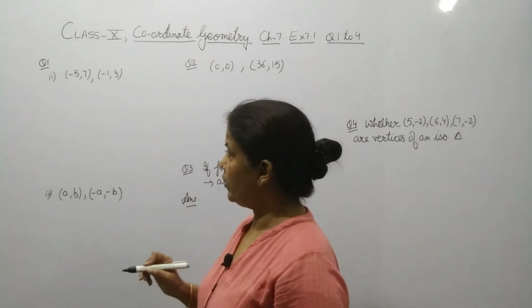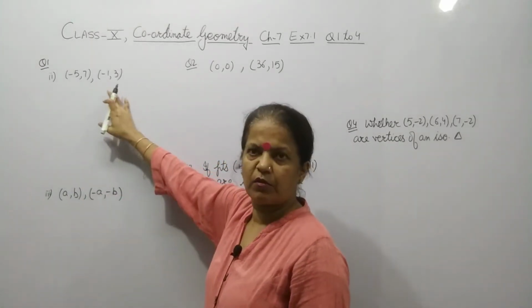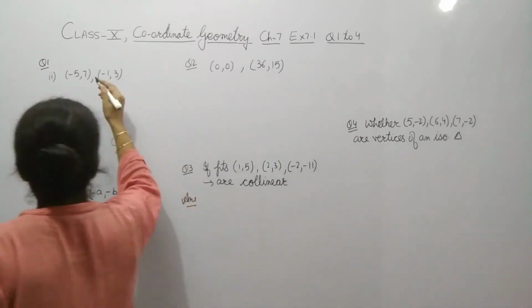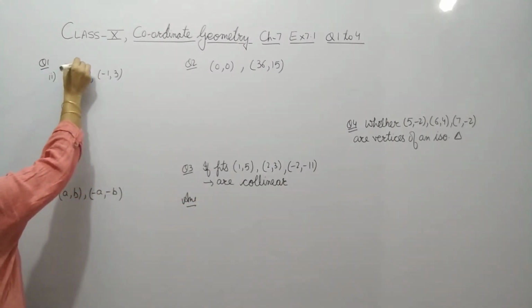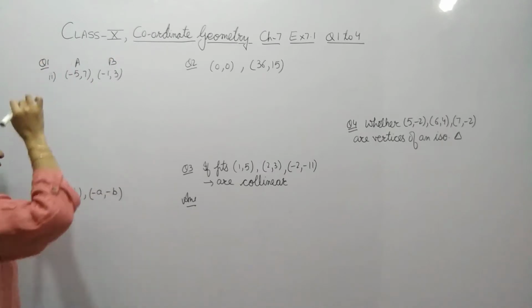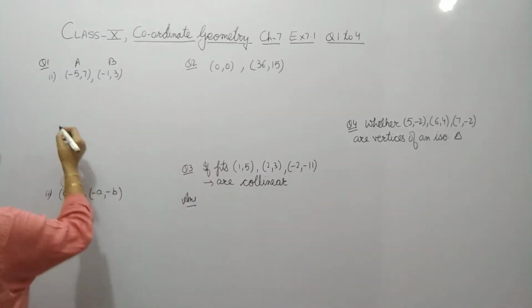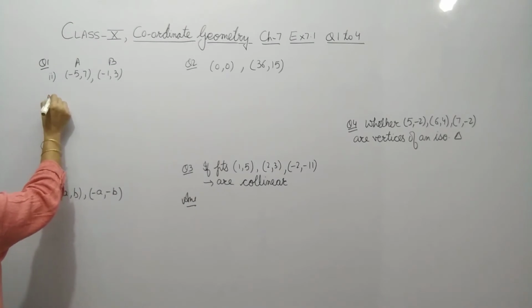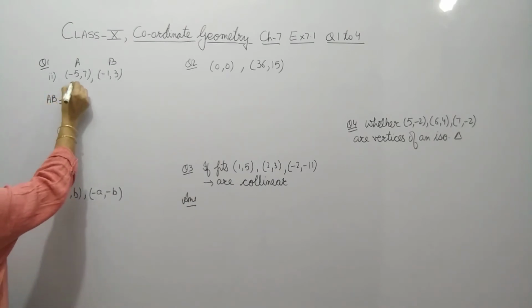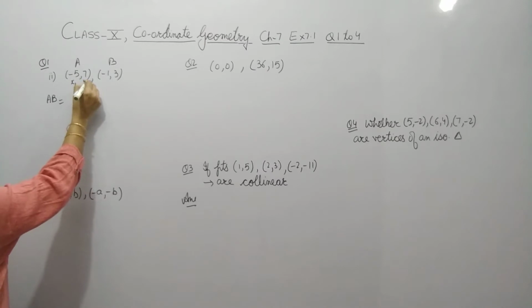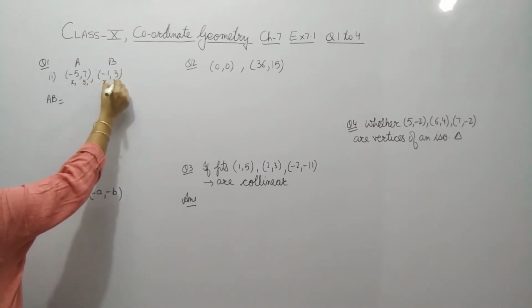In question 1, you have to find out the distance between these two coordinates. So we will take the first coordinate and name it A and the second B. You can name it with any other alphabet also. So we will apply the distance formula. Let it be x1, y1, x2, y2.